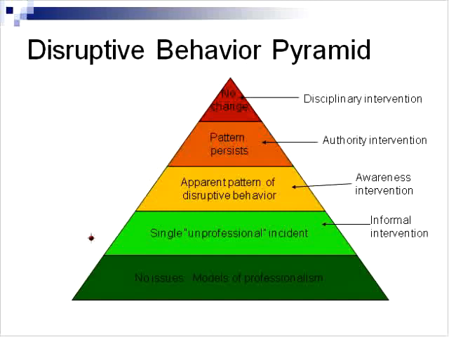We might have a single unprofessional event at some point in time. What would need to be done here is what we call informal intervention. Informal intervention would basically be, let's sit and talk about what happened during an event today. Maybe for this person, it's just that they had a bad day, something happened at home on the way in, maybe there's some personal issue going on.